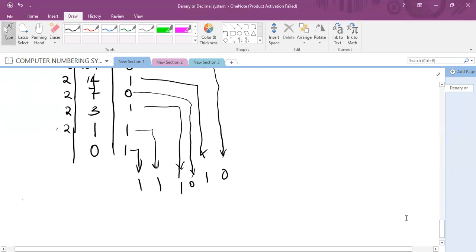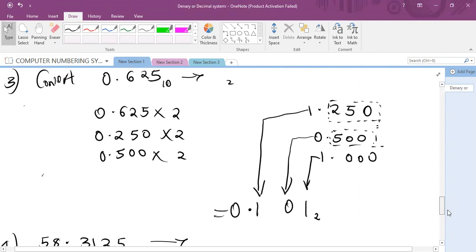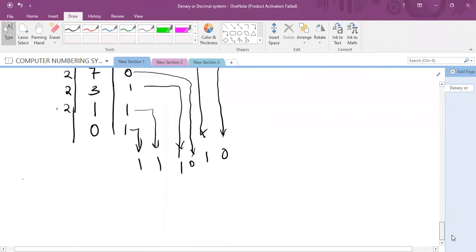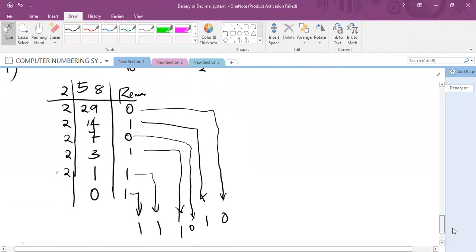Okay, fine. Now we're onto the decimal part. So what are we going to have for the decimal part? For the decimal part, let's just do it beside it here. So our decimal part is 0.3125 in base 10. This is what we want to convert.